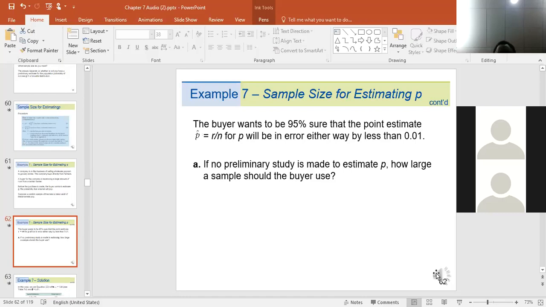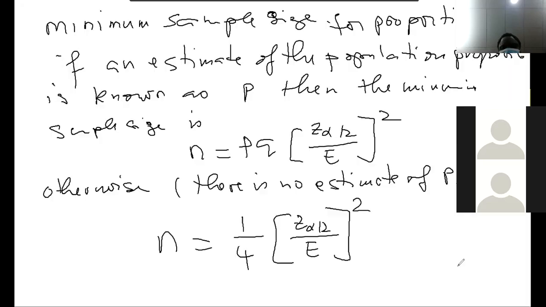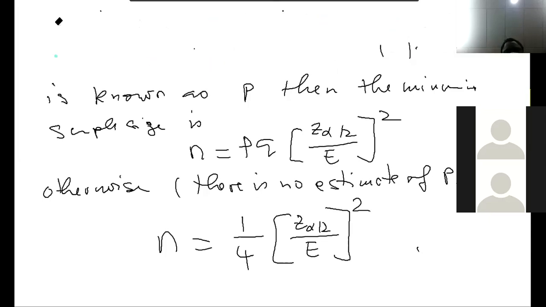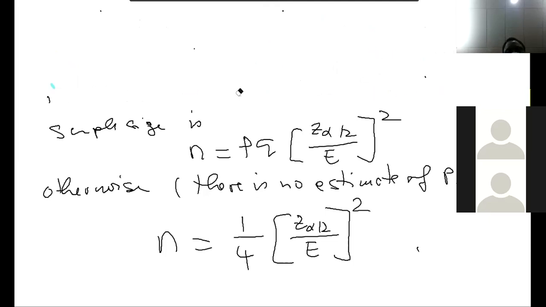So here, you want to be 95% confident that the sample proportion he is getting is not more than 1% above the actual proportion that he doesn't know.